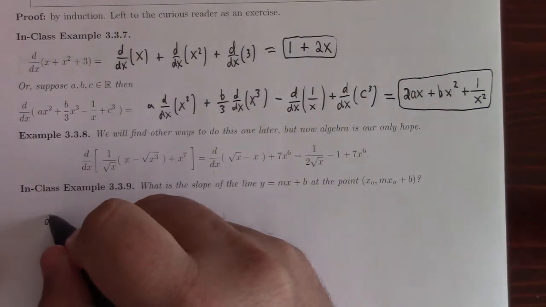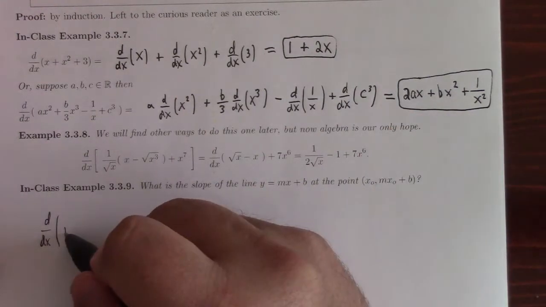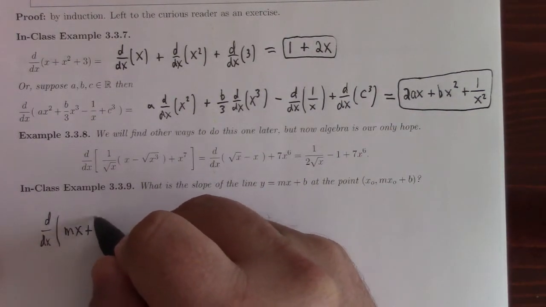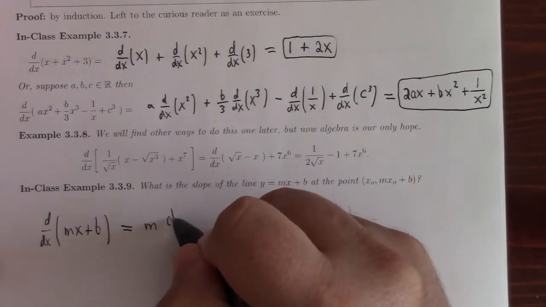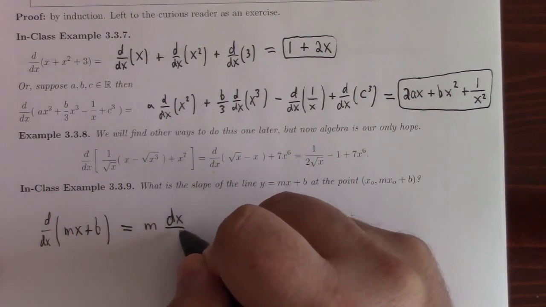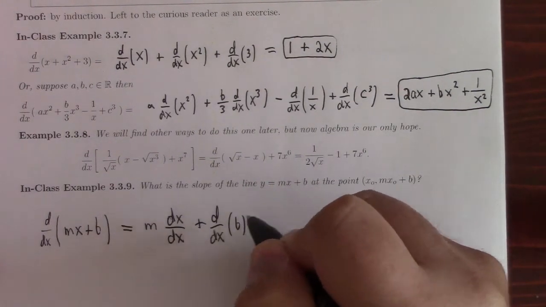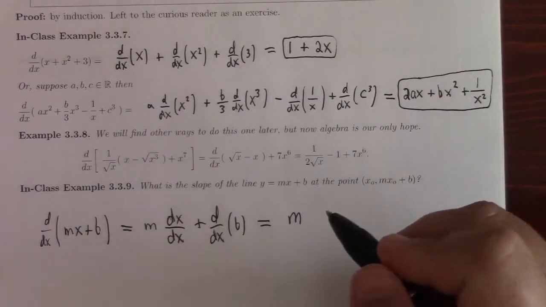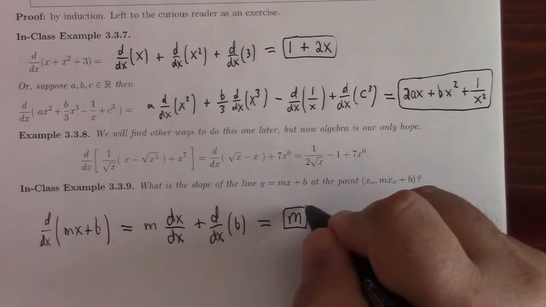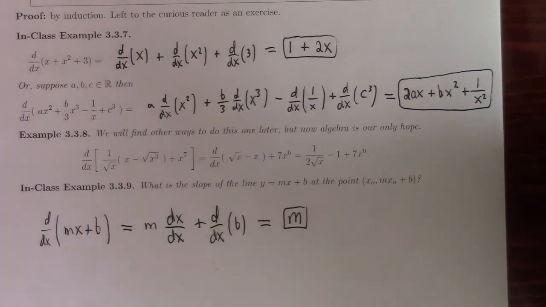So the question is d/dx of mx plus b, right? Of course we get m. The slope of the line at that point is m, which is not terribly surprising, but anyway.